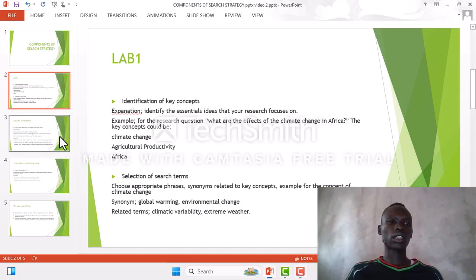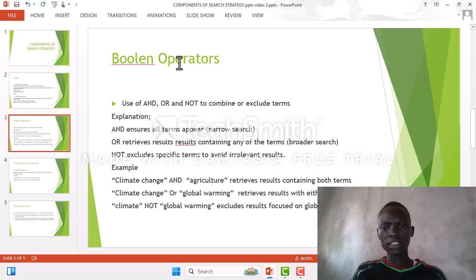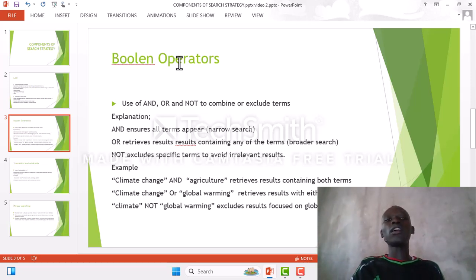Let's take a look at the third one. Then we have Boolean operators. Boolean operators are the use of and, or, and not to combine or exclude terms. We know that AND ensures that all terms appear. This is a narrow search, containing both terms.